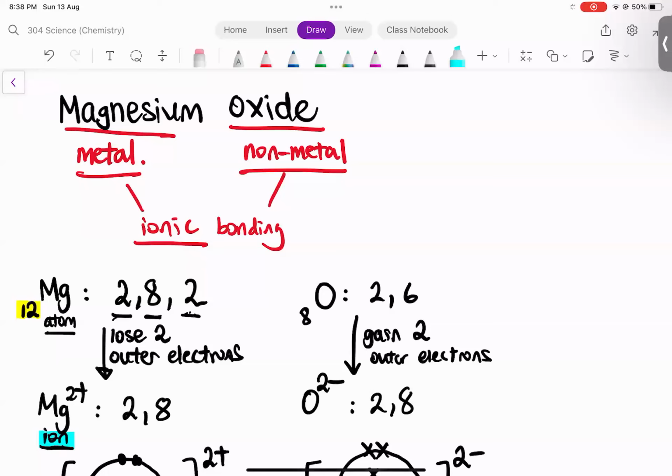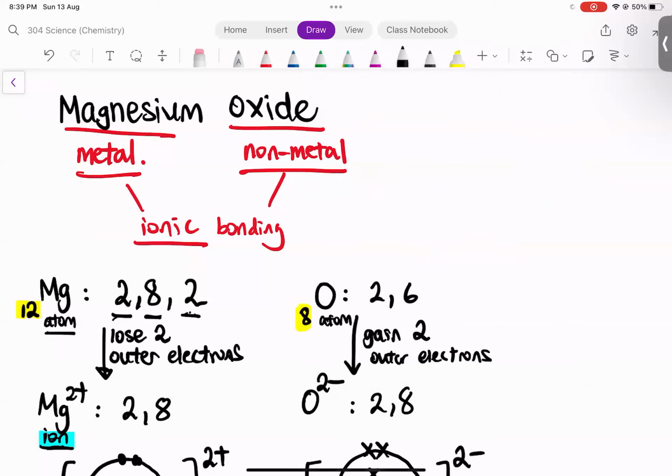Now we move to oxygen. Again, it's the same concept. When you are given oxide, you first go look for oxygen in the periodic table. You see that oxygen has a proton number of 8. This means that the oxygen atom has electronic configuration 2, 6, because 2 plus 6 equals 8 electrons.